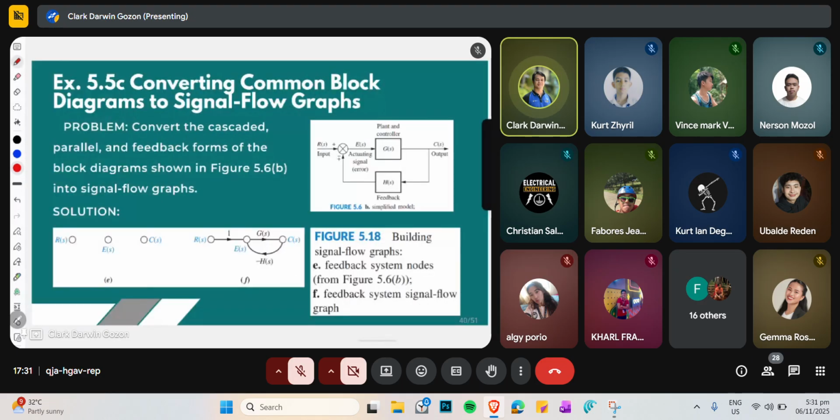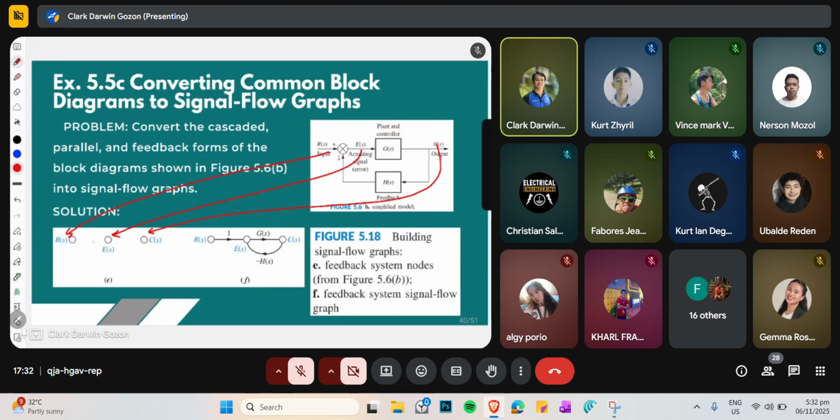For the transfer function or the block diagram in feedback na form, so the same nagyapon na i-map out lang ninyo. For example, si RS, si E, then si C. Mura man na mga tulo ka buok major nga mga signals, no?